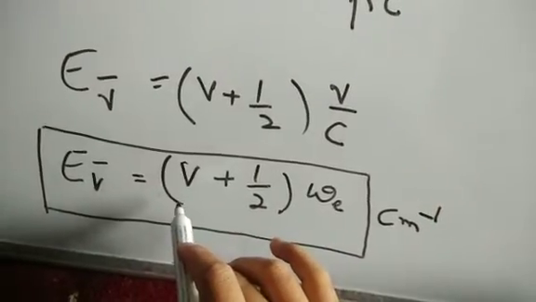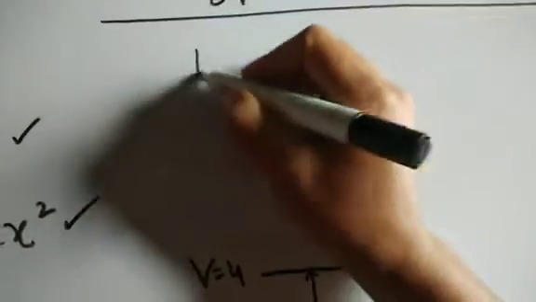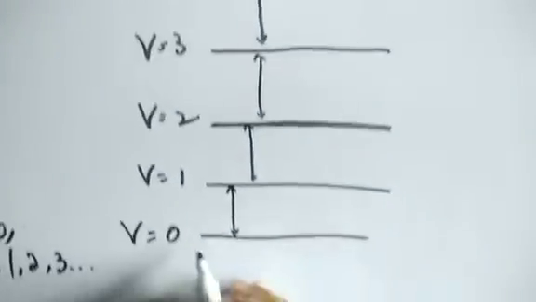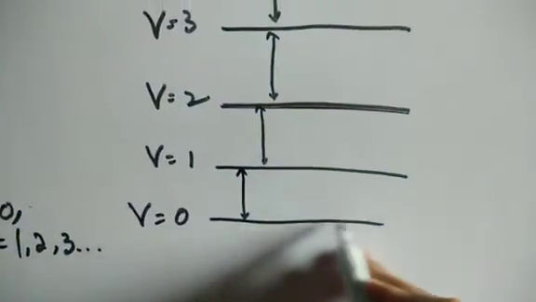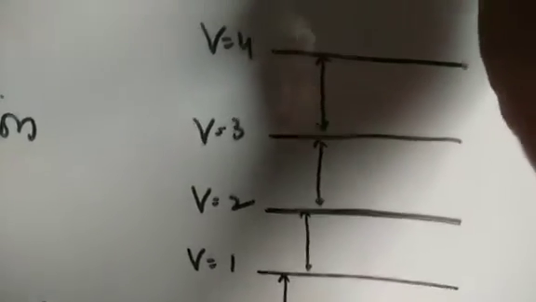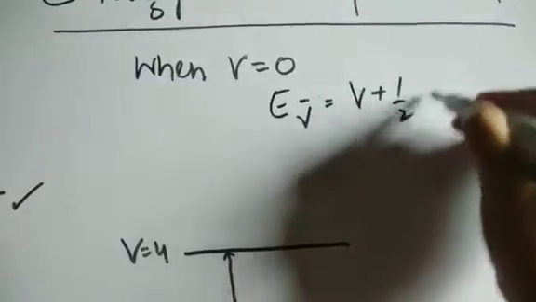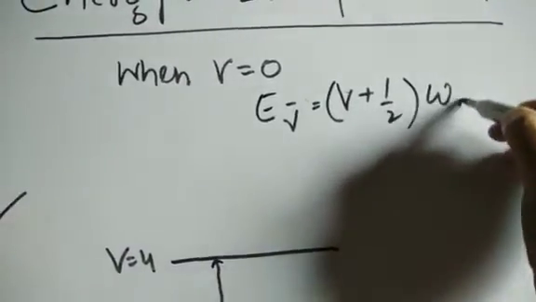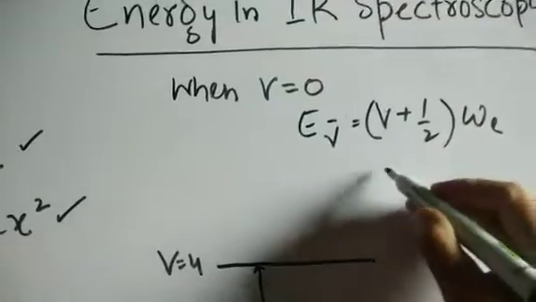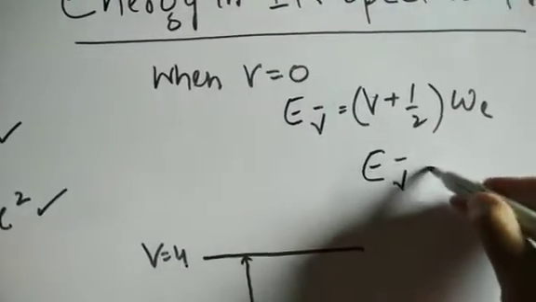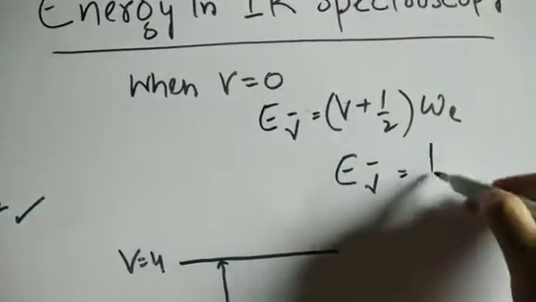Now before we start the transitions, an important thing here is, if in this formula we substitute v as 0, this is very important. When v is 0, it means the molecule is present in the ground state. When the molecule is in the ground state, the energy is given by, now see, v plus 1/2 is the formula we have, here we insert this 0, that means the energy becomes 1/2.